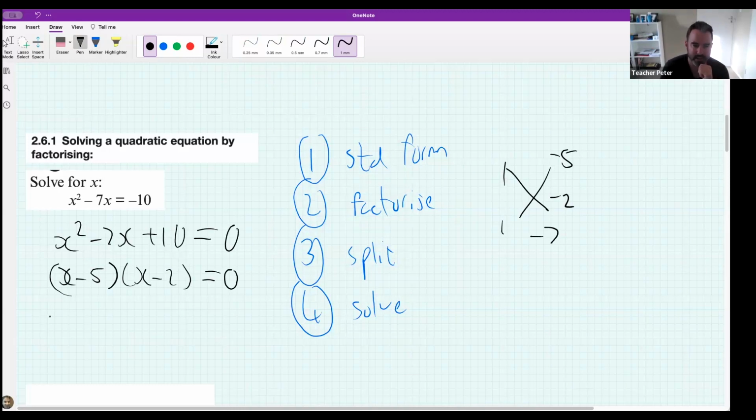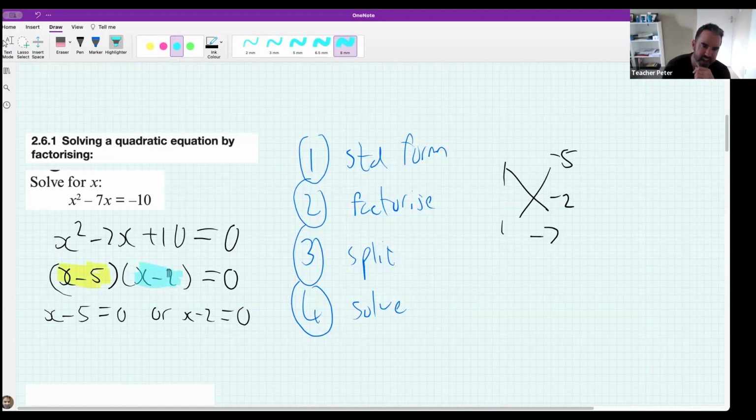Now, the split just says that if you know that this bracket is 0, then 0 times anything is 0, and so then that must be an answer. Or if x makes this bracket 0, then it doesn't matter what the yellow bracket is, it'll also be an answer. And the way we handle that is by writing x minus 5 is 0, x minus 2 is 0.